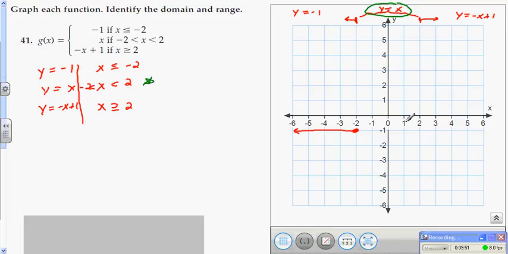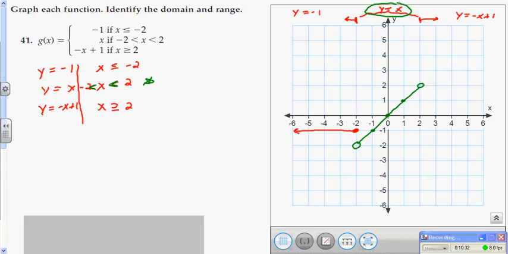I have 0 for an intercept, a slope of 1, up over 1, down over 1, and I go on until I get below the other function, y equals -1. And since there's a solid dot at that point for that one, I cannot have a solid dot below it. So it's a circle. Therefore, you see why it's just less than. It's not less than or equal to. Up here, again, slope of 1, so you go up and over 1. I have to put a circle as well, because there's just a less than symbol here. And that is my piece in that interval.